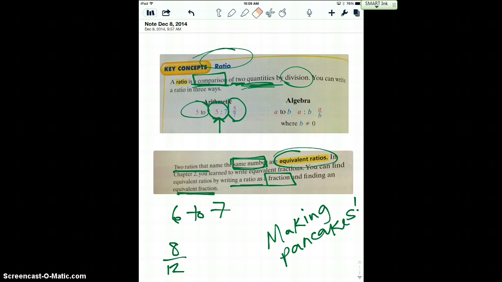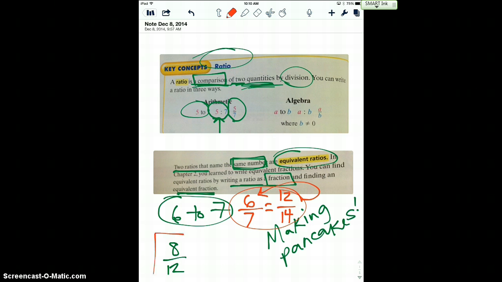For example, if I have the ratio 6 to 7, what would be an equivalent ratio? Write it as a fraction, 6 over 7. If I just double both of these, I'd be at 12 over 14. And 12 over 14 would simplify to 6 over 7, so these are equivalent ratios.